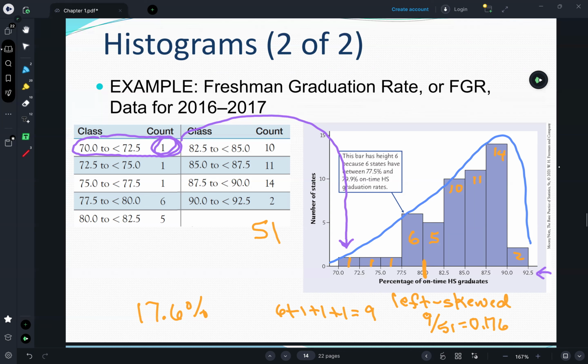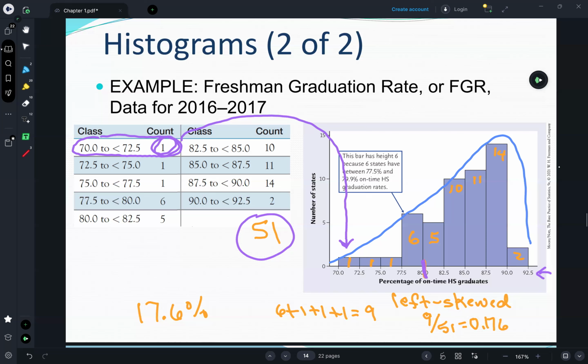And you could see we have 1 in bin 1, 1 in bin 2, 1 in bin 3, then 6 states in bin 4, 5, 10, 11, 14, 2, for a total of 51 states. From there, we could calculate the percentage of states that are less than 80%, right about here.